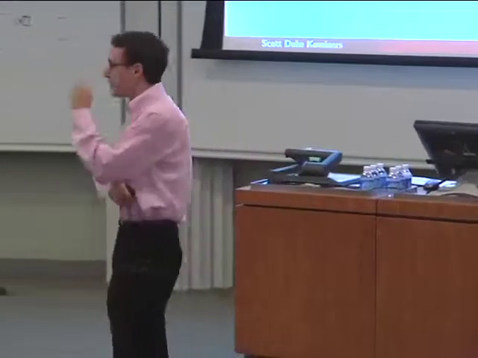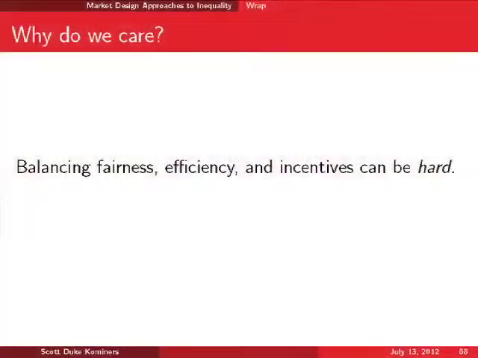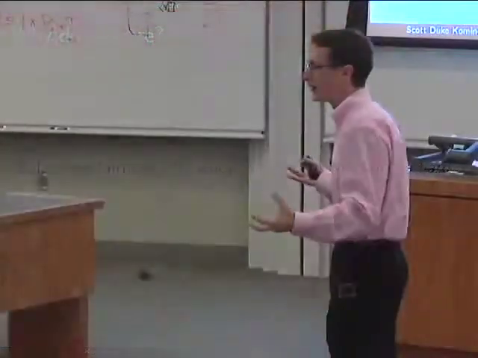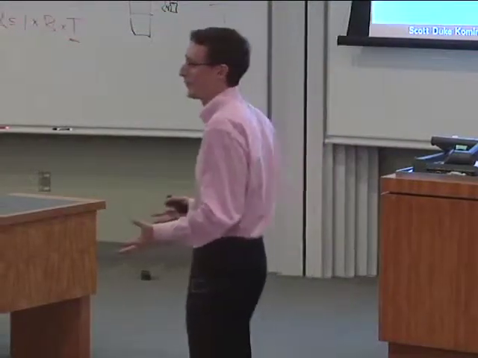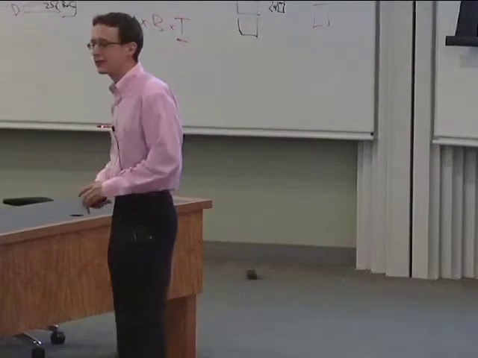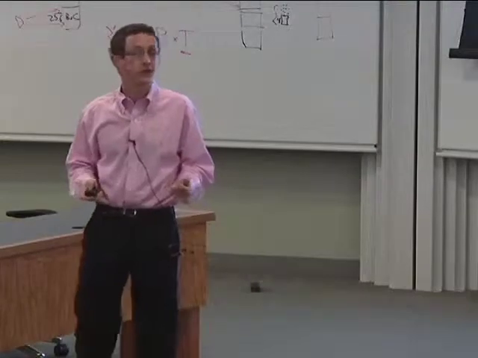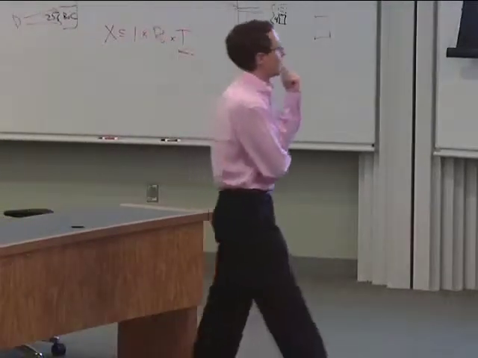Okay, good. Why do we do this? Well, because a lot of these things are hard. So we face all these impossibility theorems. Markets can't always find the perfect ideal mechanism on their own, because sometimes it just doesn't exist. So it's hard to think about how you balance fairness, efficiency, and incentives. And market design gives us tools to think about these trade-offs more intelligently.